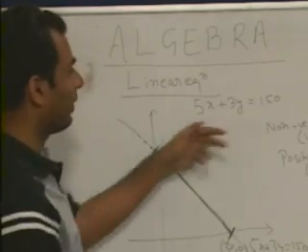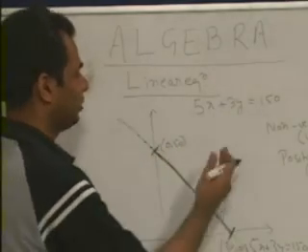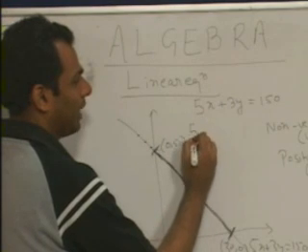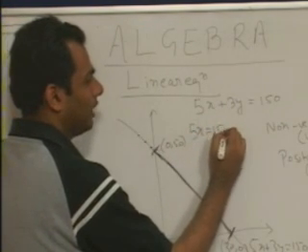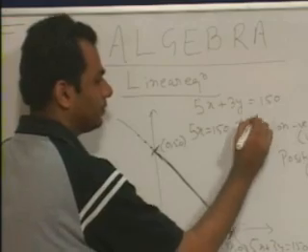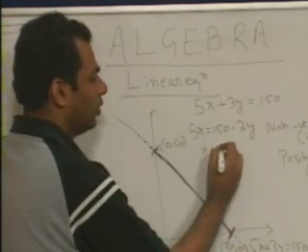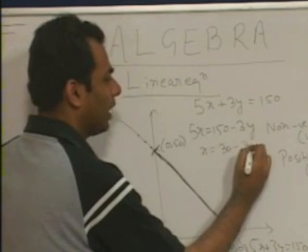So for finding the non-negative or positive integral solutions, what we are supposed to do is, can I write down this equation as 5x is equal to 150 minus 3y, or x is equal to 30 minus 3y by 5?